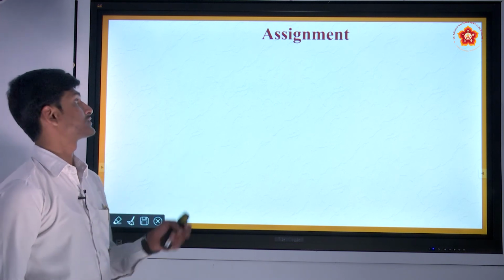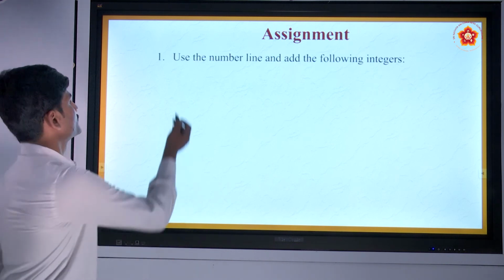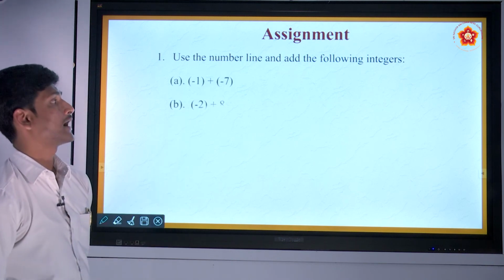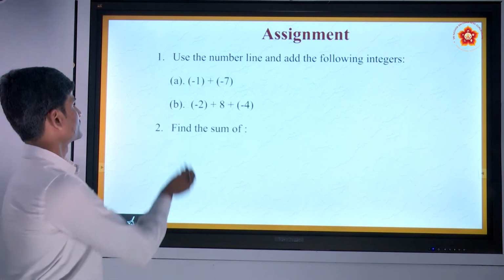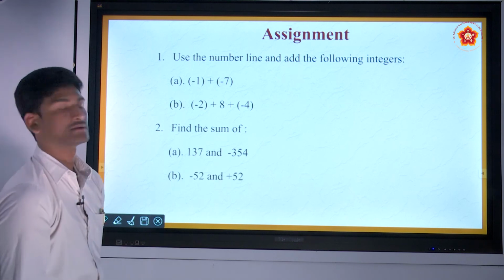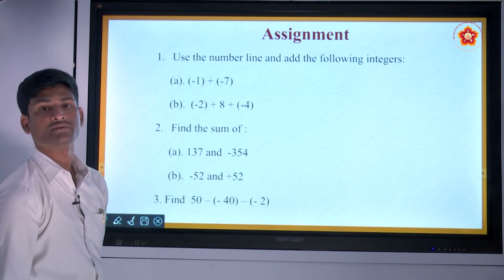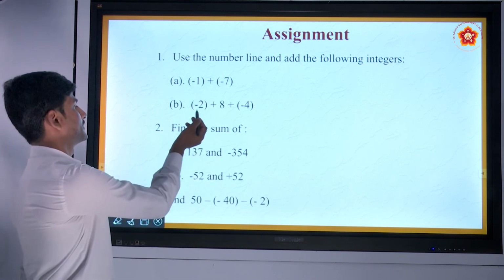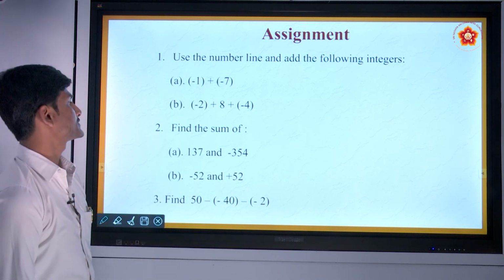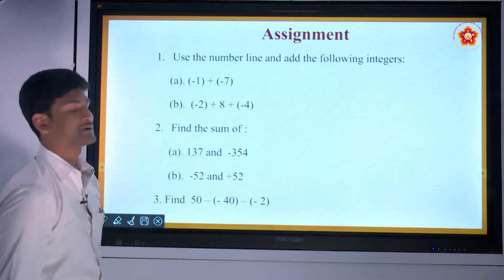There are some assignment questions. Use the number line and add the following integers. First one is minus 1 plus of minus 7 and minus 2 plus 8 plus of minus 4.